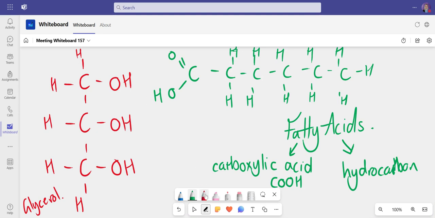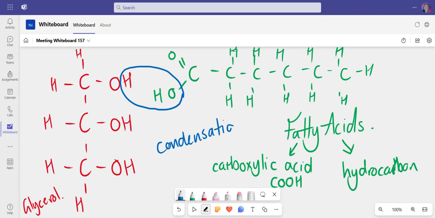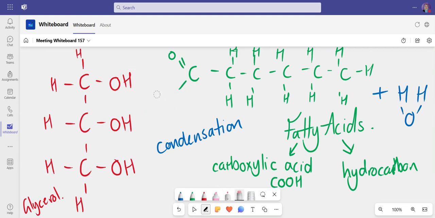Then you need to know how does it join together. So it's a condensation reaction, which is how things join together, and it's going to release a molecule of water. So we can put plus H2O over here. So if we rub out those molecules or atoms that have been used to make the water, we're still left with an oxygen here.